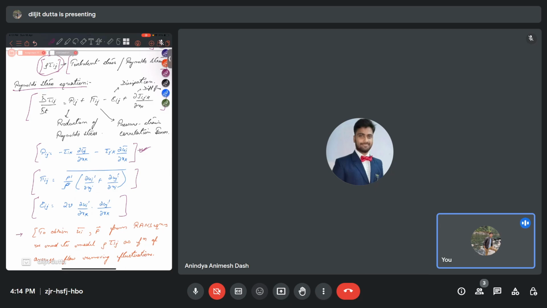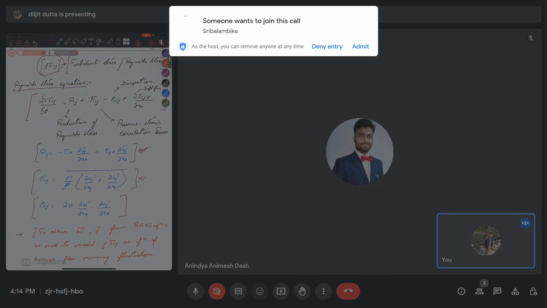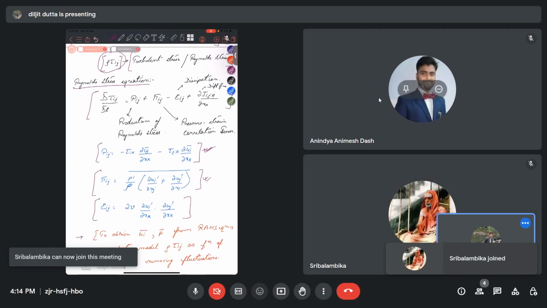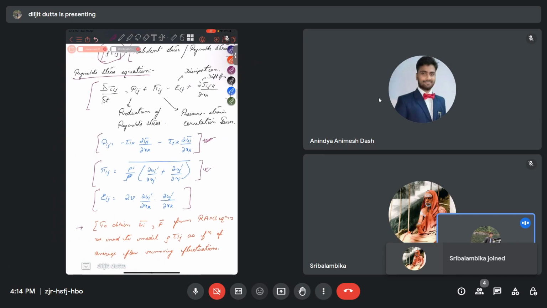And then pi ij is the pressure strain correlation, so it is p bar by rho into del ui dash by del xj plus del uj dash by del xi. And lastly, the dissipation term is given by 2 mu del ui dash by del xk and del uj dash by del xk.